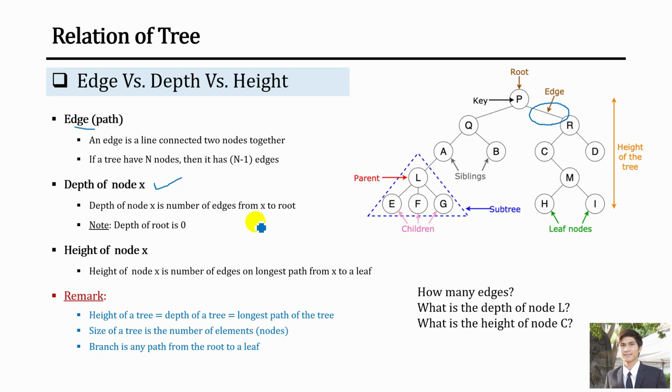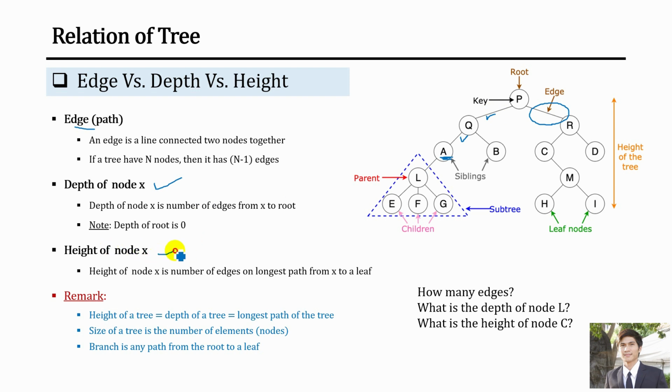We count the edges from this node up to the root. We have this one edge and this another edge, so the depth of A is 2, because there are 2 edges up to the root.